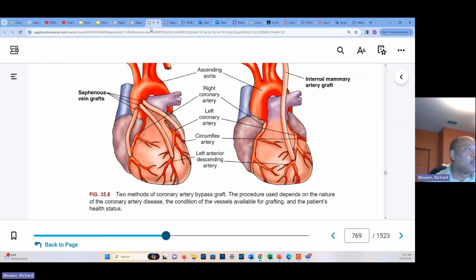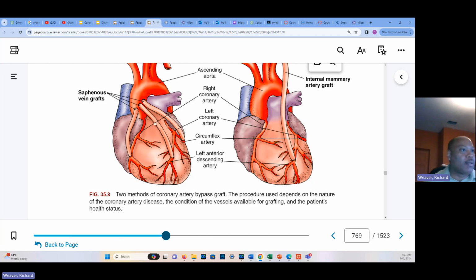Yeah. So check this out. Look at the different arteries that supply various parts of the body, of the heart muscle rather. So you have your right coronary artery here, right?